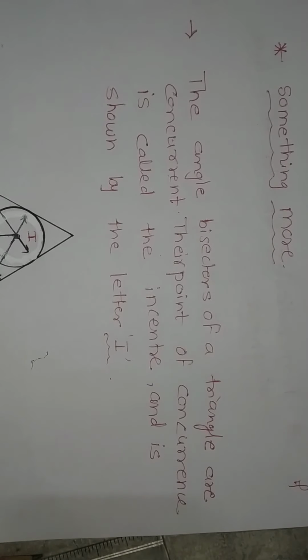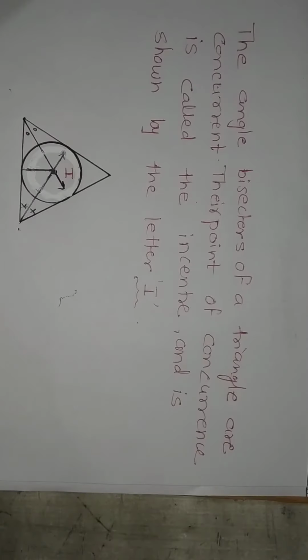Something more we will see here. We have studied two properties of the triangle. The first one is the angle bisector of a given triangle and the second one is the property of perpendicular bisector of the side of a triangle. So now let's know more about it.